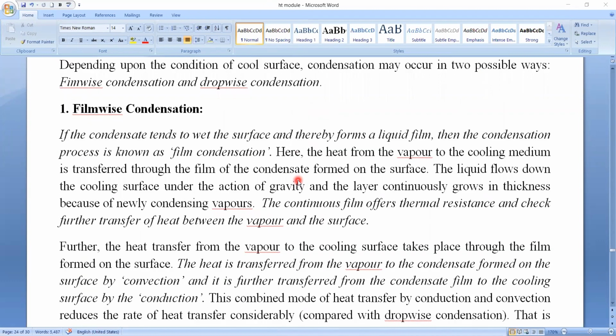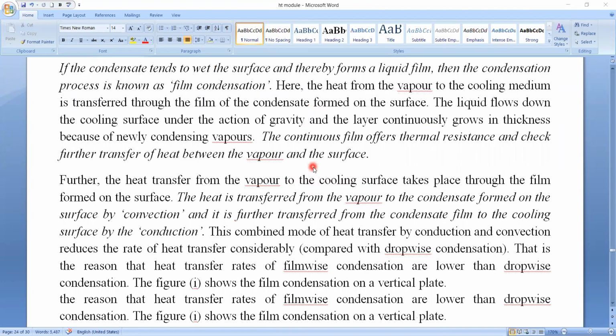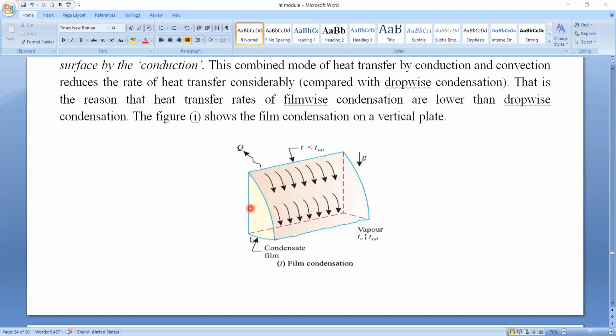So let us discuss the very first, film wise condensation. As the name itself indicates, this is a surface which is maintained at the temperature Ts. If this plate is exposed to the air or the vapor, let us also assume the surface temperature of this wall is less than the saturation temperature of vapor.